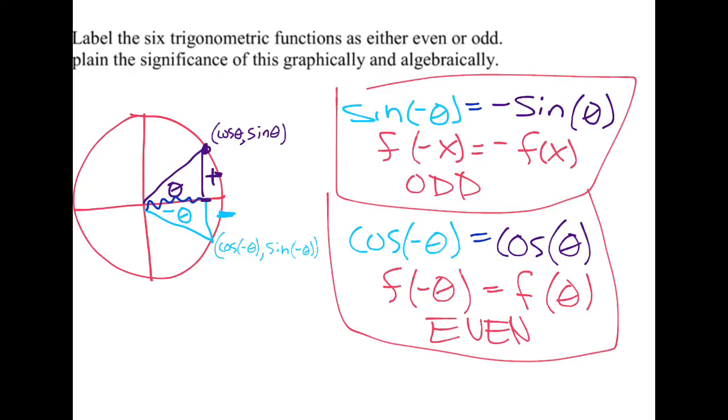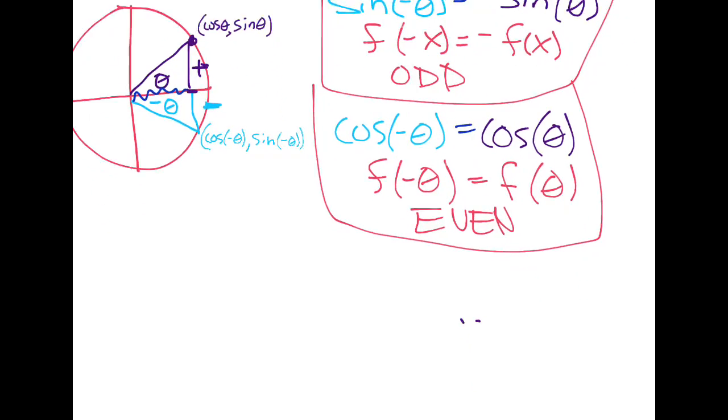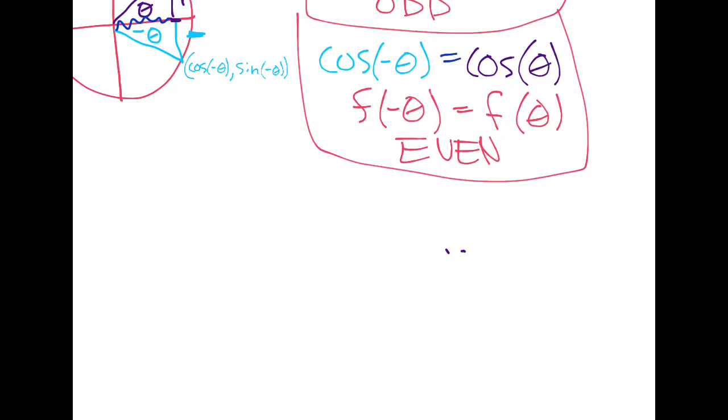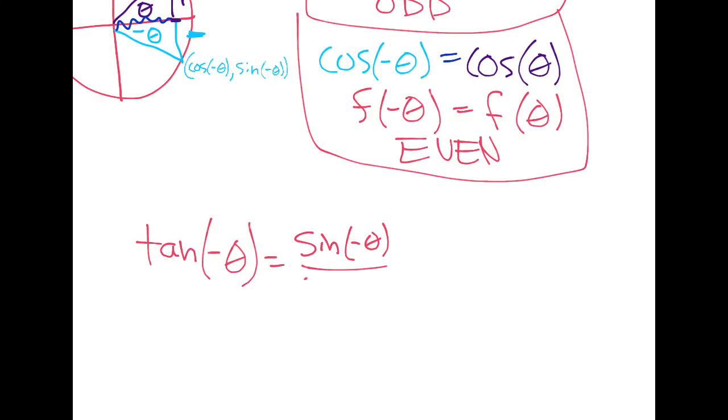Okay, well, one more to think about. What about tangent? Well, let's do a little algebra for this one. Let's say tan of negative theta equals, using the quotient identity, sine of negative theta over cosine of negative theta, because tan is sine over cosine, but you need to keep the inside of the function the same, so it still has to be negative theta.